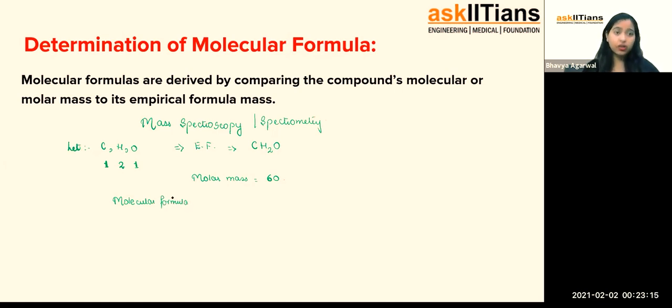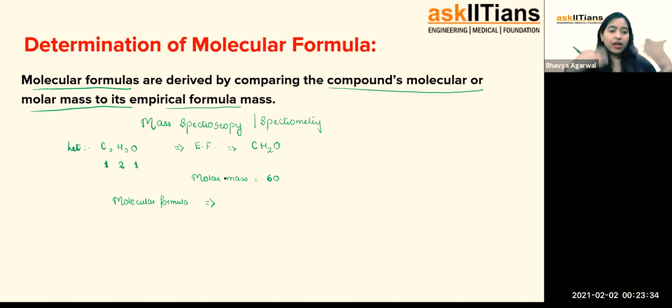So yes, I can. It says that you can easily find out the molecular formula by comparing the compound's molecular mass to its empirical formula mass, right? So in order to find out the molecular formula, we find a ratio of molecular mass to empirical formula mass.